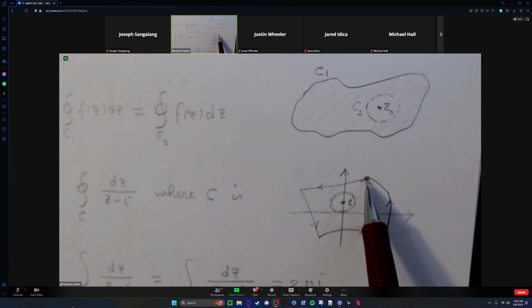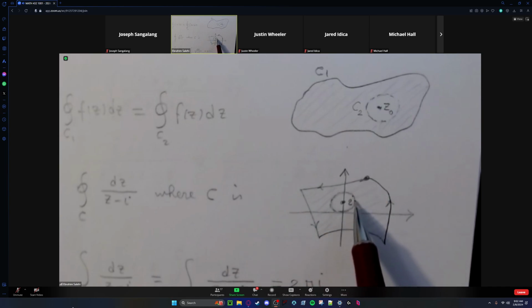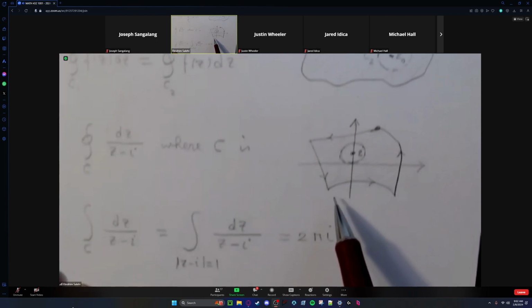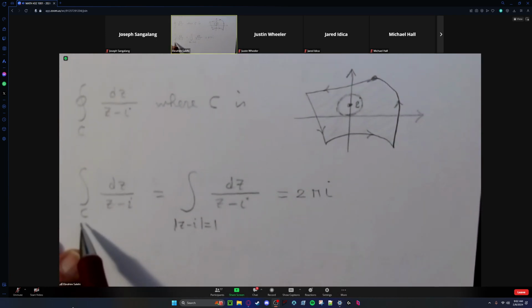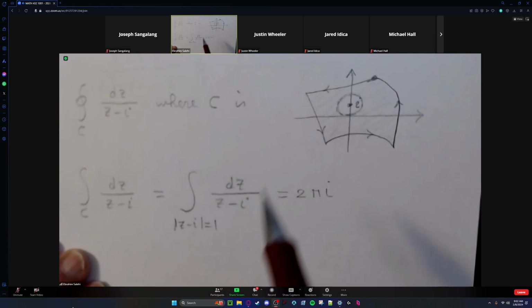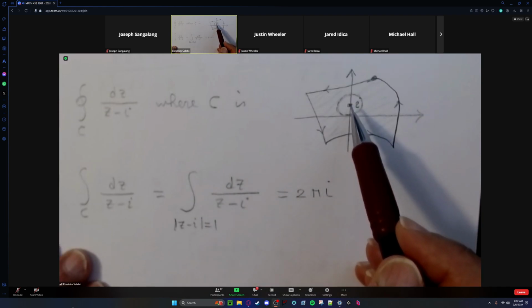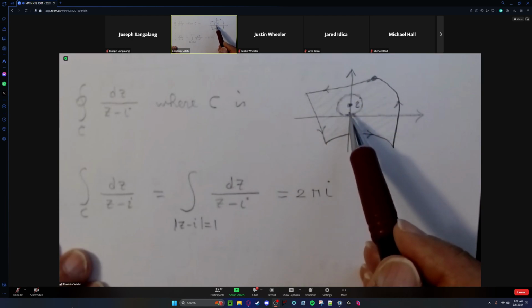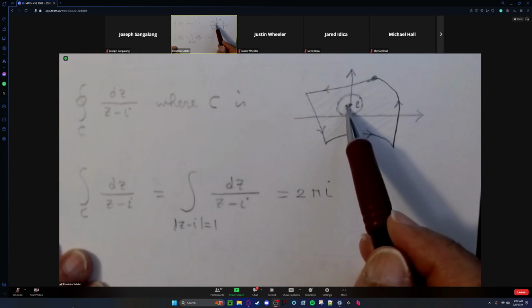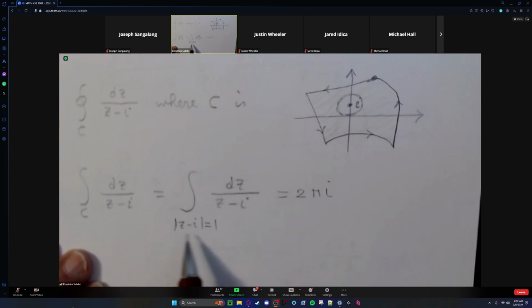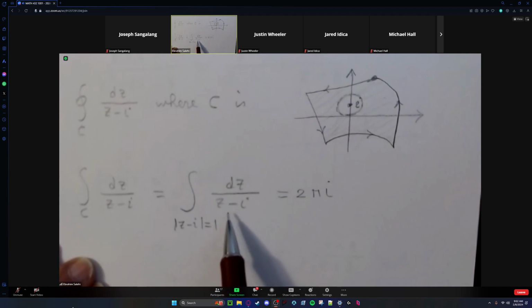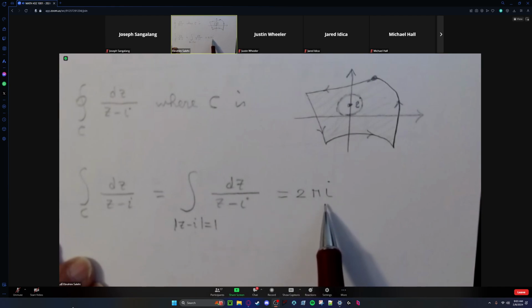So the integral over this outer boundary is the same as integral over this inner boundary. Well, so the integral over that outer boundary, I will make this one a circle of radius 1. So the center is i, modulus of z minus i equals 1, all right? And earlier, we noticed that this is 2 pi i. This is 2 pi i, okay?